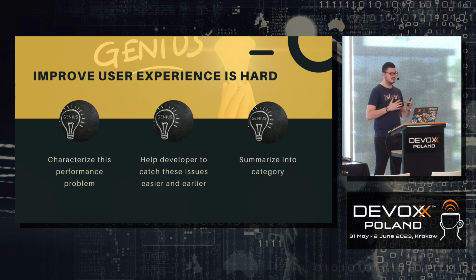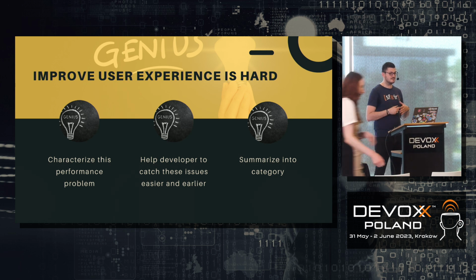So to improve the user experience, we have to find a way to characterize it into specific problems. In this case, user experience will be characterized as performance problems, because as web developers, it's quite easy to solve performance problems.